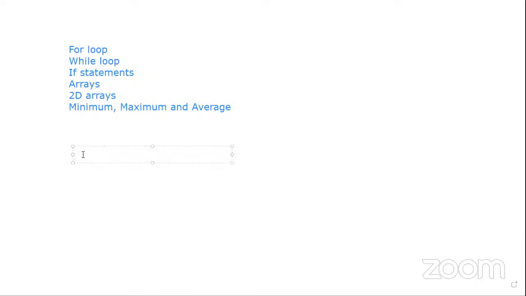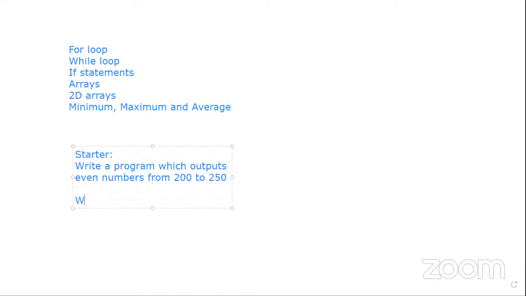So first thing for the starter, everyone should do this, is write a program which outputs even numbers from 200 to 250, and also write another program which outputs odd numbers from 75 to 145.